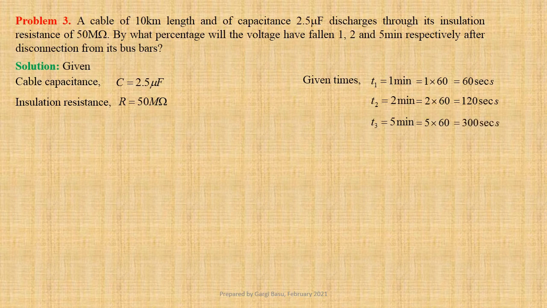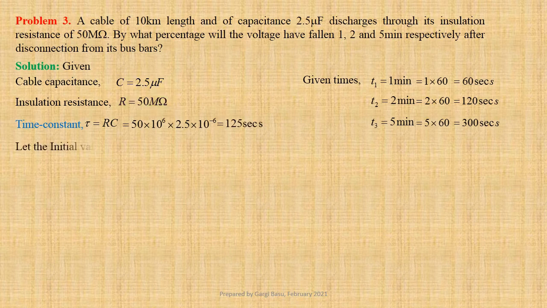Let us first determine the time constant. Tau equals R into C, that is equal to 50 into 10 to the power 6 into 2.5 into 10 to the power minus 6, that gives us 125 seconds.